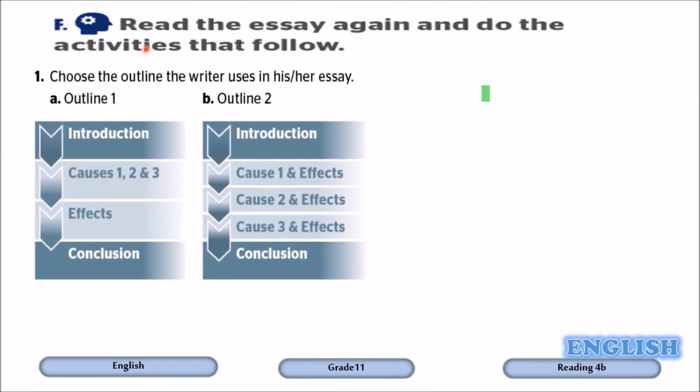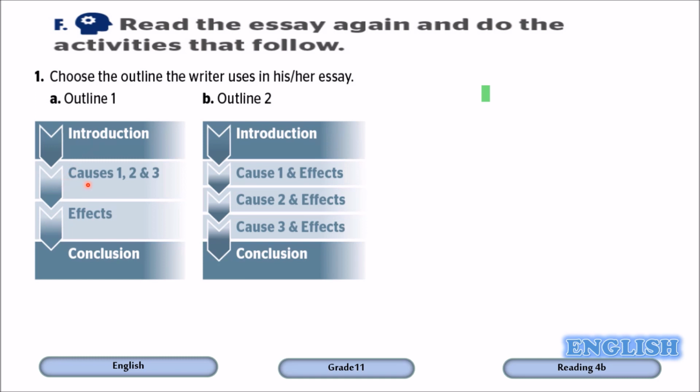In this exercise, you are going to read the essay again and do these activities. The first activity is to choose the outline the writer uses in his or her essay. When I say outline, I mean the plan or the ideas in separate paragraphs. Did he use outline number 1? And look at outline number 2. In outline number 1, the first paragraph was the introduction.